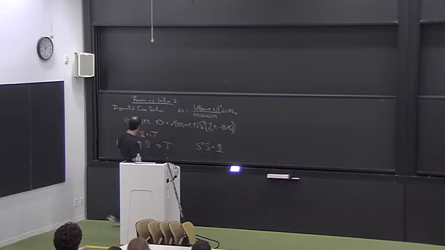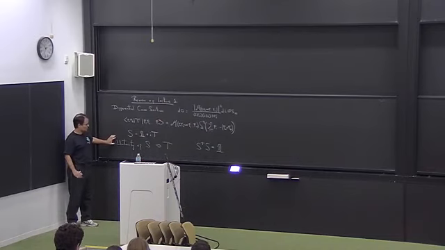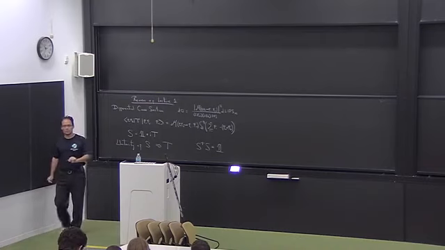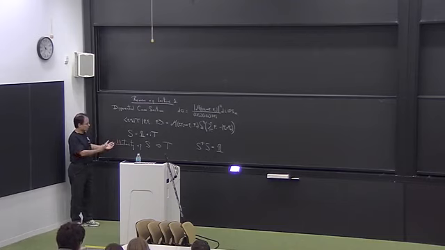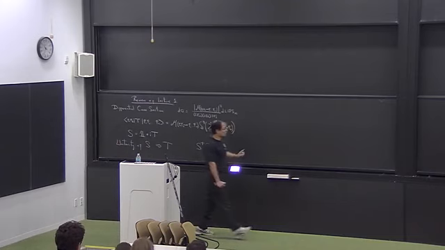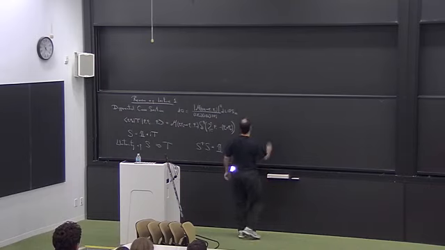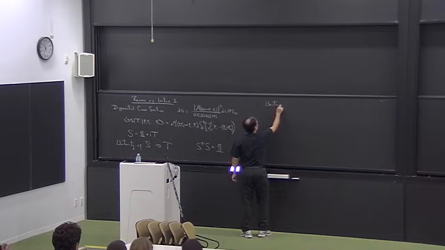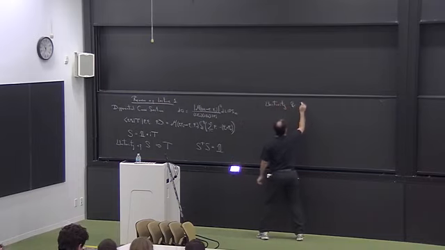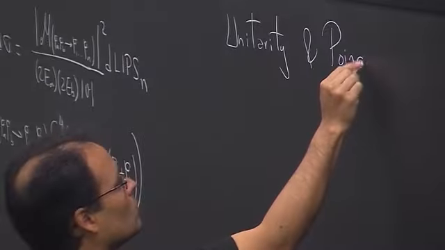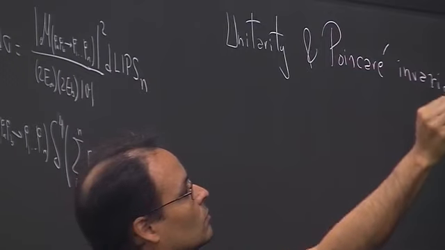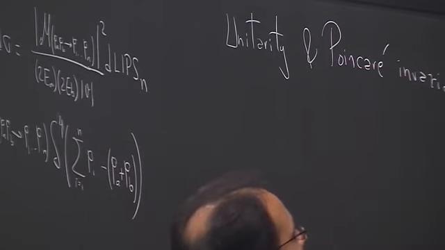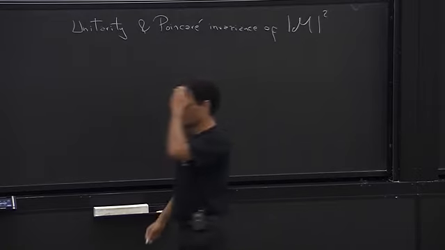So I also said yesterday that during these lectures, our goal is to see how far we can go by only assuming unitarity, or by only using unitarity, plus another ingredient. That's what I didn't say yesterday. So we're going to try to see how far we can get using unitarity and Poincaré invariance of these matrix elements.